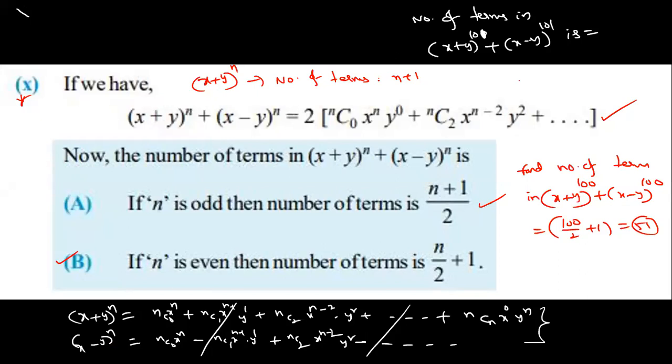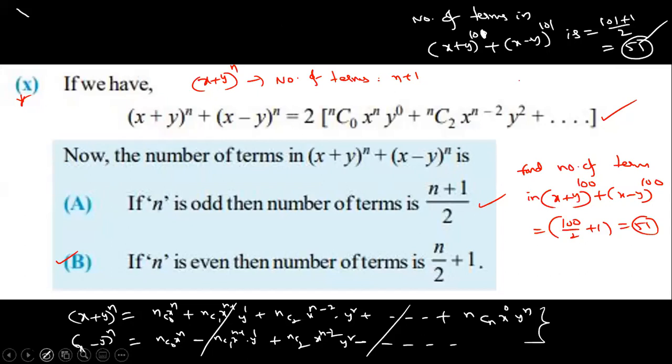Sure? Your answer is wrong. The power is an odd number here. Odd number means the answer is (101 plus 1) by 2. How much? Okay, 51. Here also 51. Okay, 51 is the correct answer. Very good. These are the examples I'm giving.